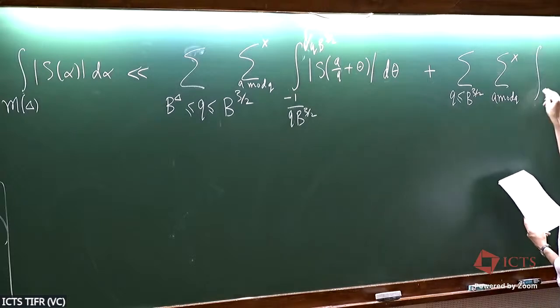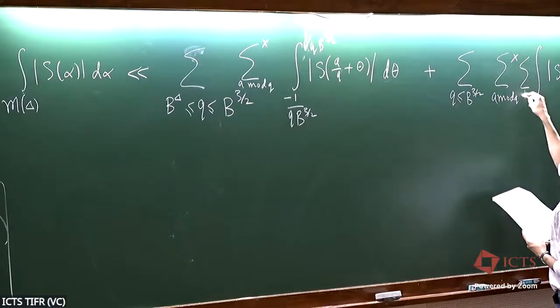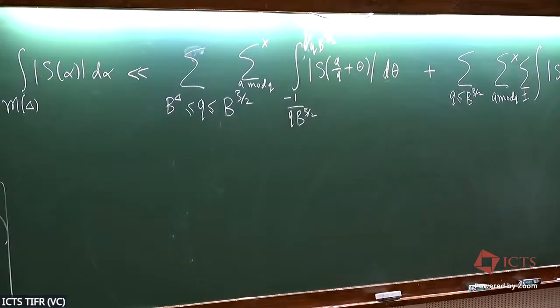Basically, you have the bound, so A over Q, say, plus minus theta, d theta, so maybe I should have a plus minus sign as well over here. And there, I should write the bound on theta. So how far are we from theta? It can be from B to the minus 3 plus delta to 1 over Q B to the 3/2.